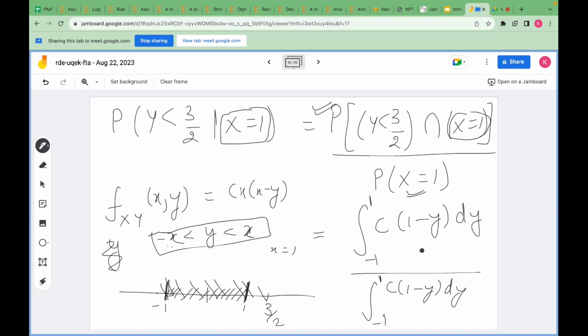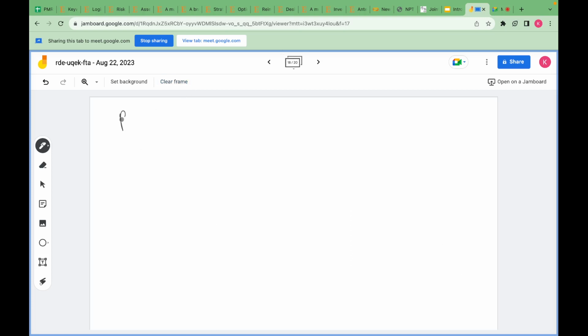Okay, so these two terms are equal, so this is 1. But if this was given that y should be less than 1 by 2 given that x equal to 1, then our probabilities will change, because in that the range of y will be from minus 1 to 1 by 2.